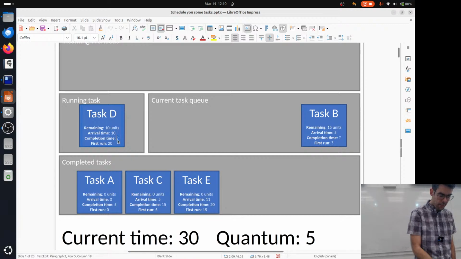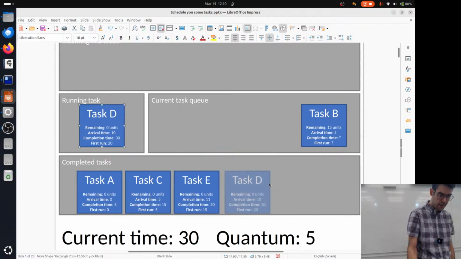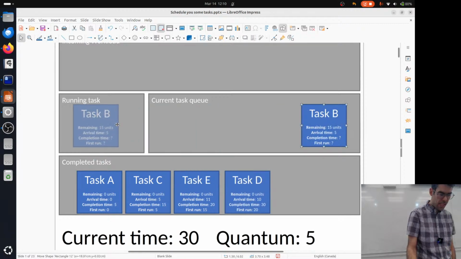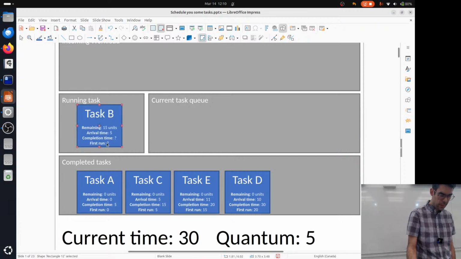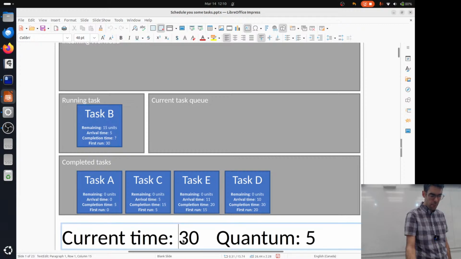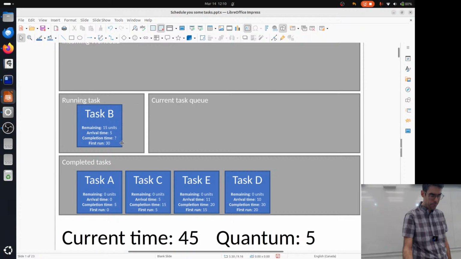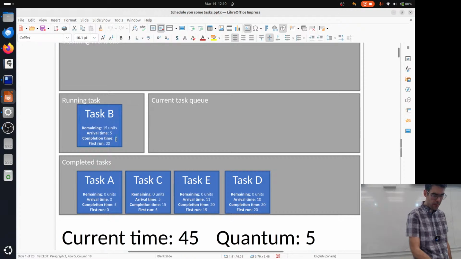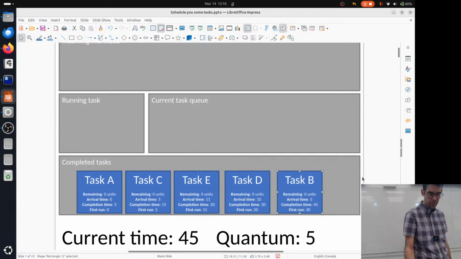At time 30, our task is finished. I'm going to pop this off. And task B gets to go. And then we'll go to time 45 here. So we'll finish this thing off. And our completion time here is 45. There's 0 units of time left for this task, and we'll move it down into our completed tasks area.